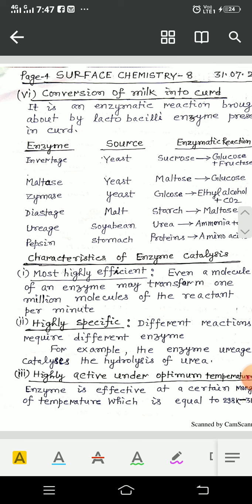Highly active under optimum temperature, means it works under optimum temperature, means when you put curd in very hot milk or very cold milk, then your milk will not get converted into curd. So this is the meaning about it.